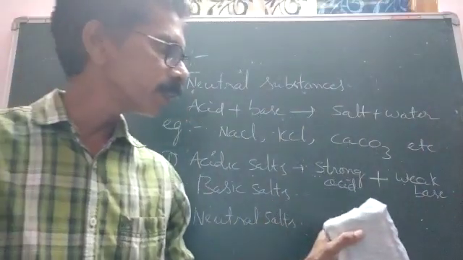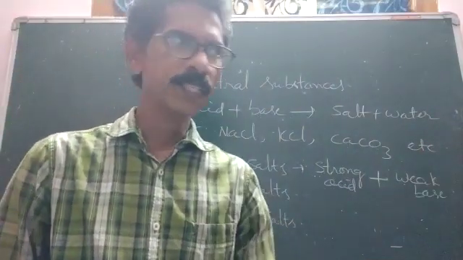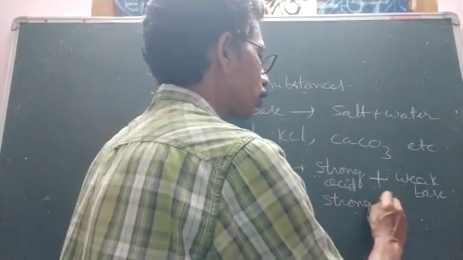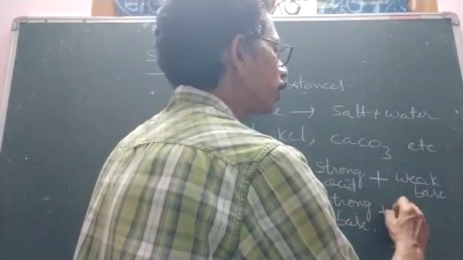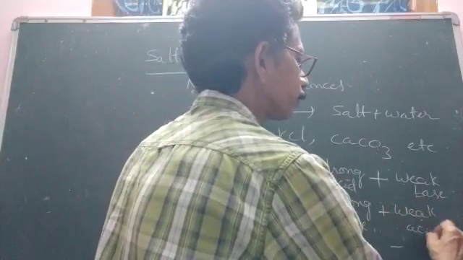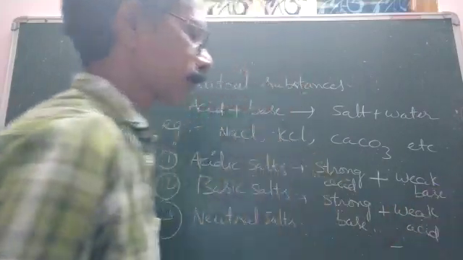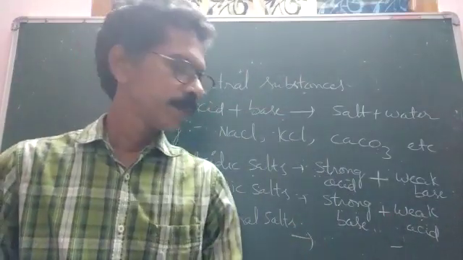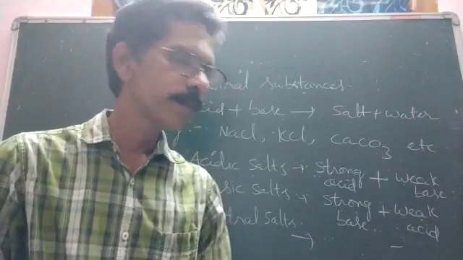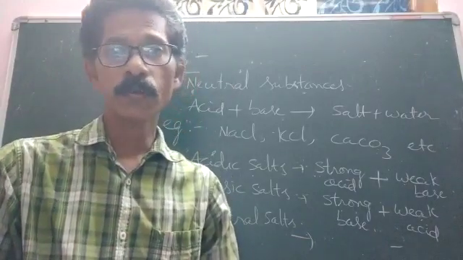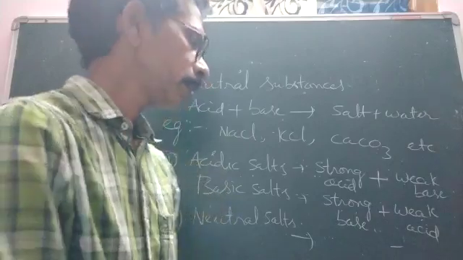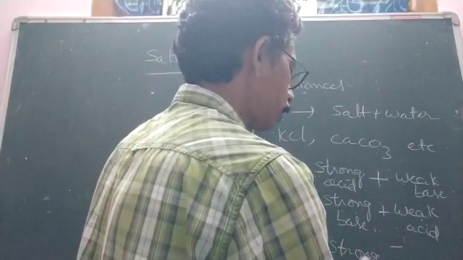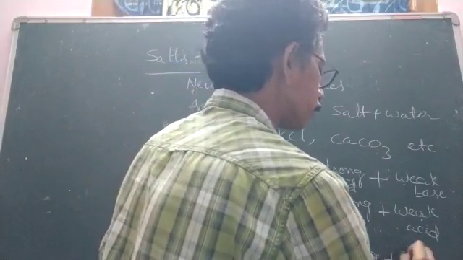Basic salts are formed by a strong base with a weak acid. And neutral salts are formed by the combination of a strong acid and a strong base.